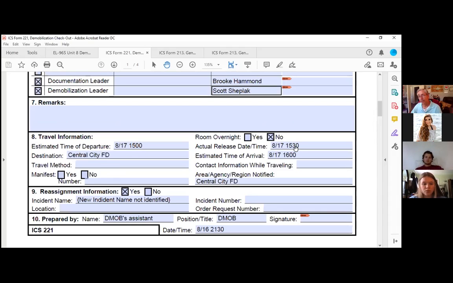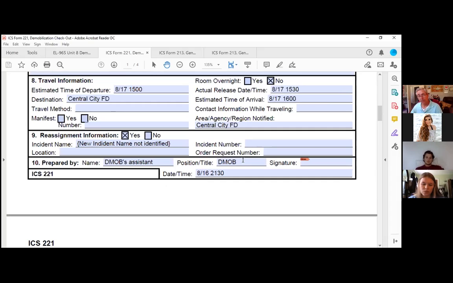I just assumed that. And the time of its actual release, I'm sorry, it may not be the estimated time, but the actual release time, I just made that up as being about a half hour later. And then they're a half hour away, so I estimated the time of arrival going back at 1600.